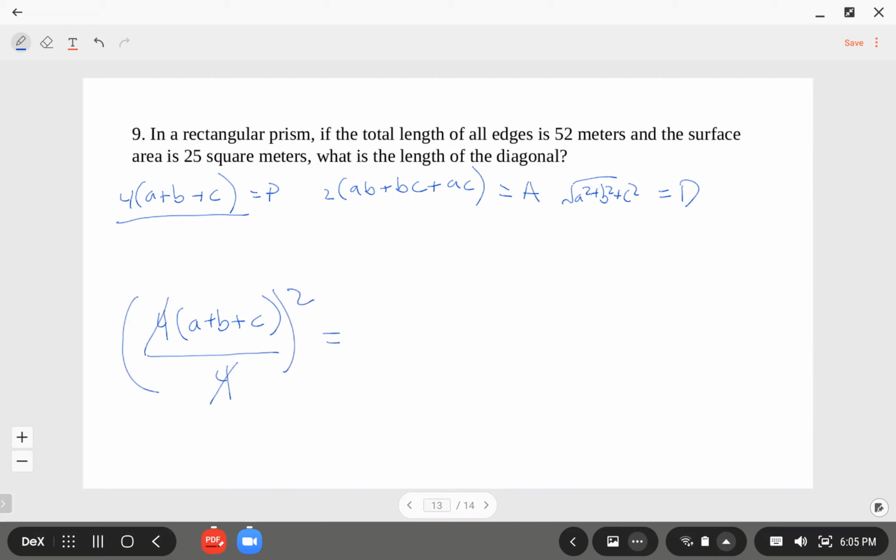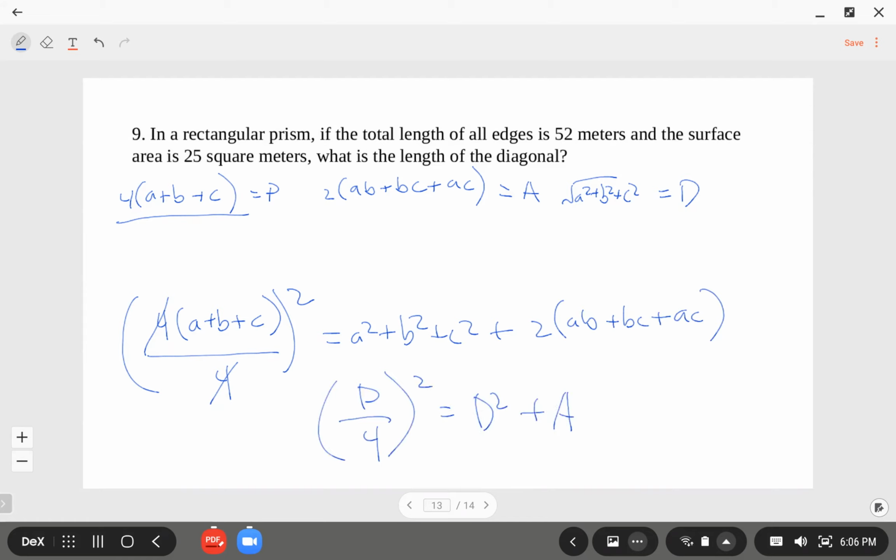And that, coincidentally, is a squared plus b squared plus c squared, the same thing as d squared, plus 2 times (ab plus bc plus ac). So basically we get this formula: p over 4, squared, equals d squared plus a. So that's our formula here.